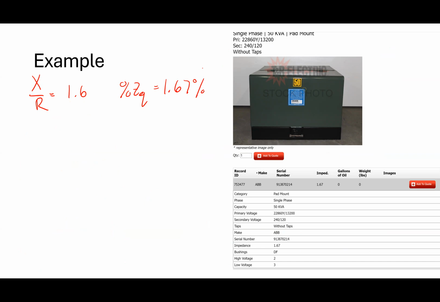All right. How do I figure out for myself what I have, let's say on the primary side? So let's say I've got it set up like this. Here's REQ1, XEQ1.